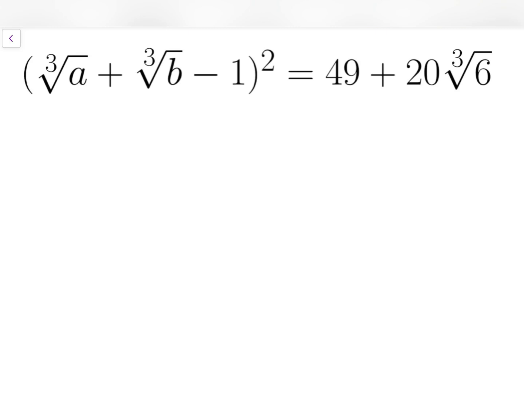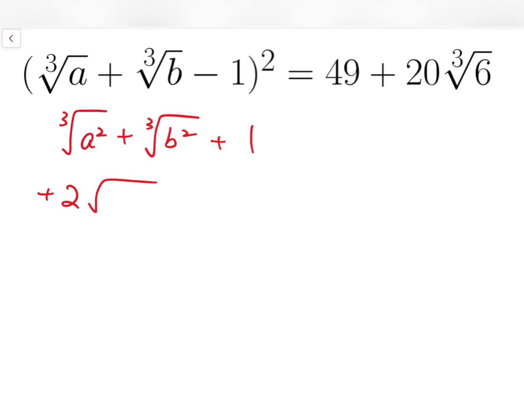So by expanding, we have the cube root of a squared plus cube root of b squared plus 1, and then plus double of each of the terms multiplied together, say cube root of ab, and then minus double of cube root a, and minus double of cube root b. And all of these things added together has to be equal to 49 plus 20 times cube root of 6.